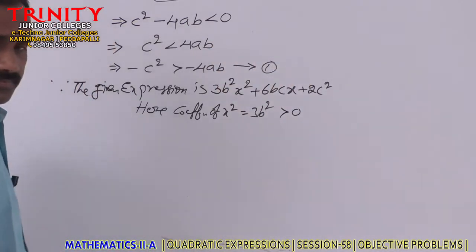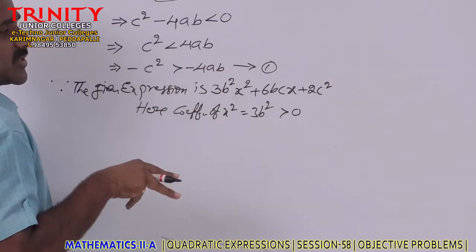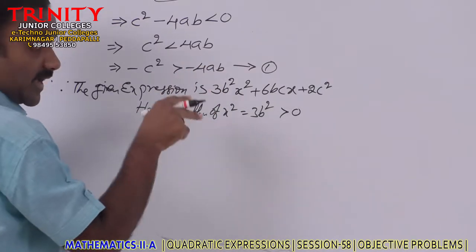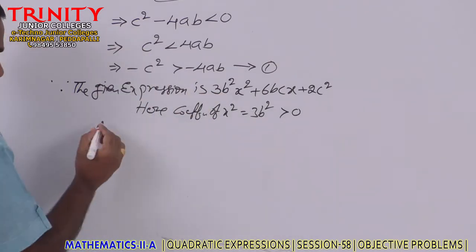It's greater than 0. Therefore, the coefficient of x square is positive, then the expression has minimum value.